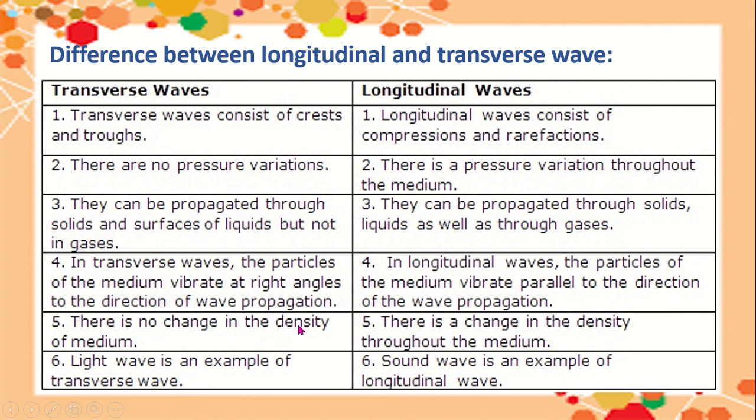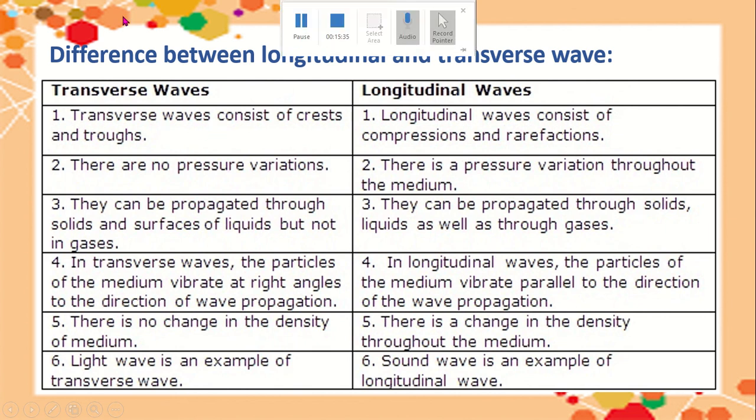There is no change in the density of the medium in transverse waves. There is a change in the density of the medium in longitudinal waves. Light wave is an example of a transverse wave, and sound wave is an example of a longitudinal wave. So from here, you can memorize any three differences if it comes as a B number question.